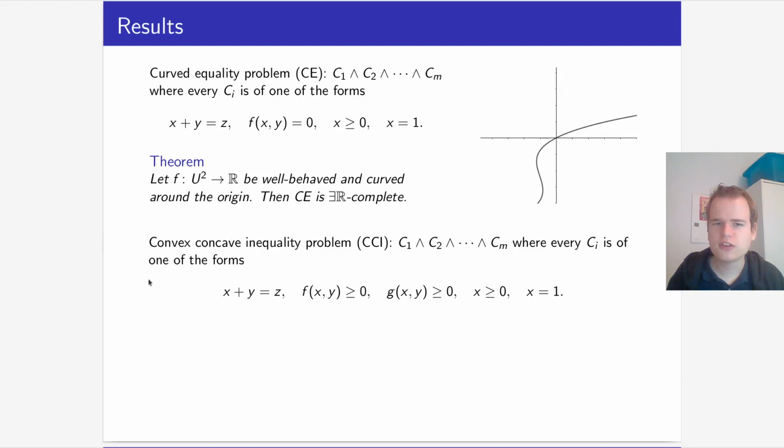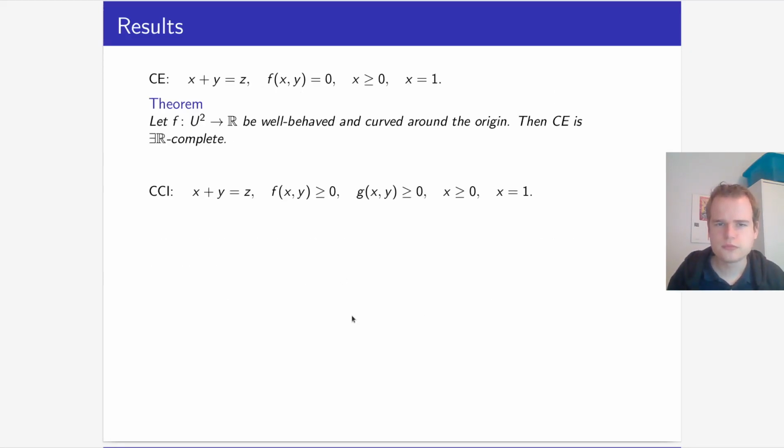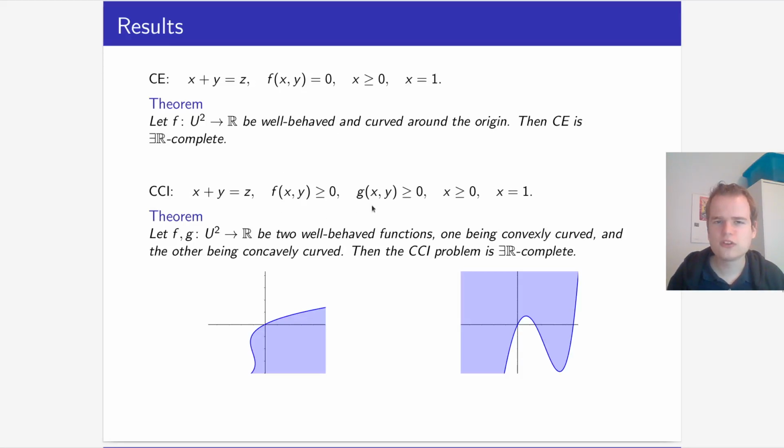Now we generalize it even slightly further by looking at this convex-concave inequality problem, where instead of this single equality, we have 2 inequalities. And we show that if these inequalities also satisfy certain conditions, then this CCI problem is also ER-complete. So what are these conditions? Well, again, we need both f and g to define some curve through the origin with non-zero curvature.